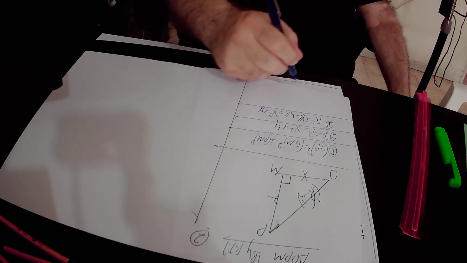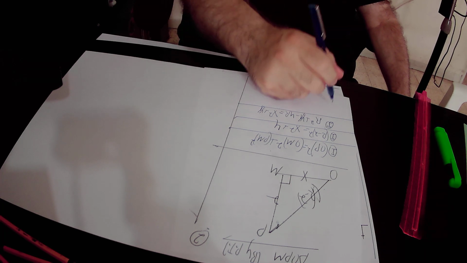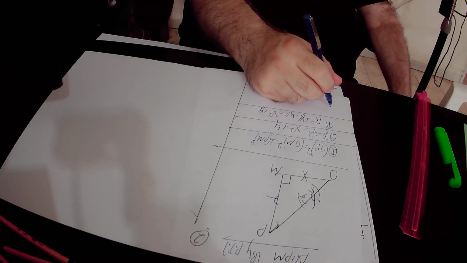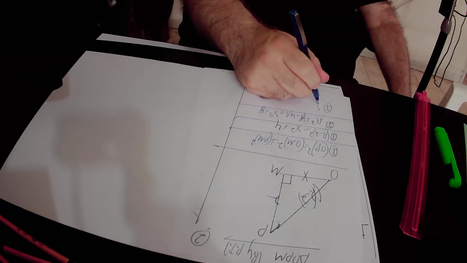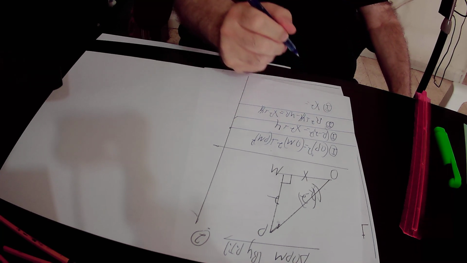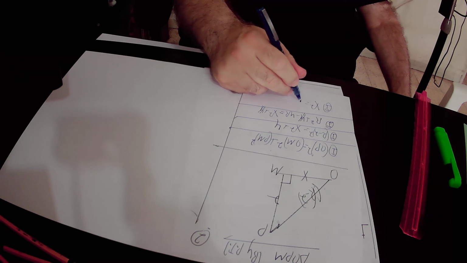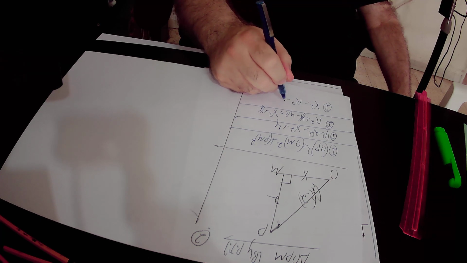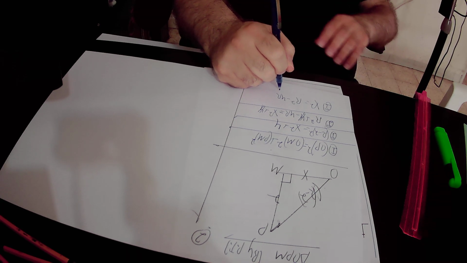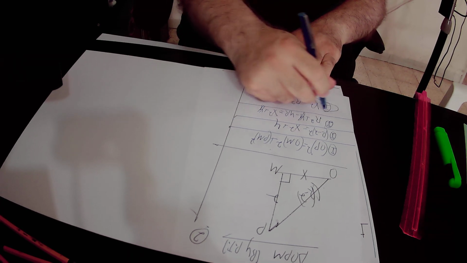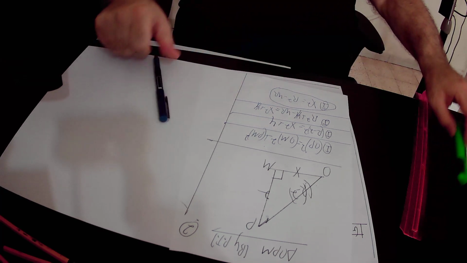What is left is X squared on this side, equal to R squared minus 4R. So according to equation number 1, we found out that X squared equals R squared minus 4R.